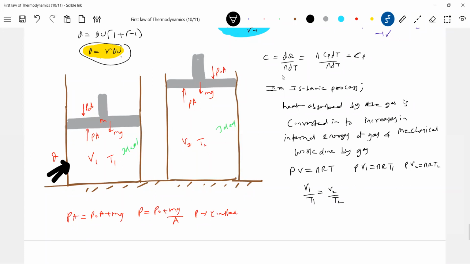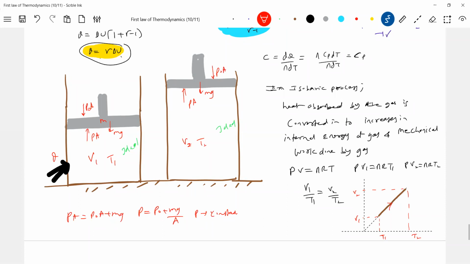So therefore, if you plot a volume versus temperature graph, and if the straight line passes through the origin, what will that process be? It must be isobaric process. This will be V1, V2, T1, T2.